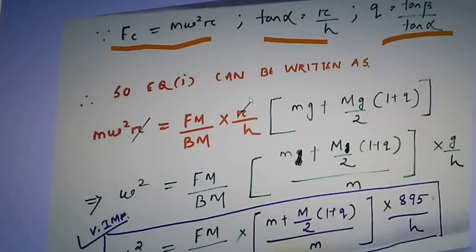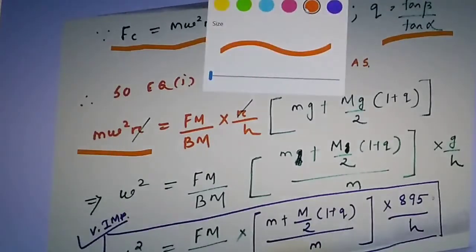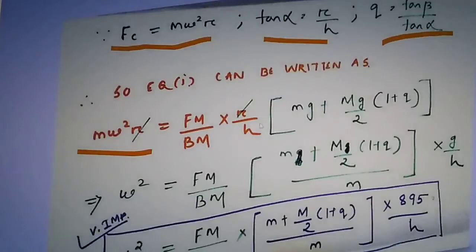In place of FC, just put down m omega square r. Okay, and then Fm by Bm, do not touch that, it will be kept as it is, into R by H in place of tan alpha, into inside the bracket Mg plus capital Mg by 2 into 1 plus Q, where Q is equal to nothing but tan beta by tan alpha.